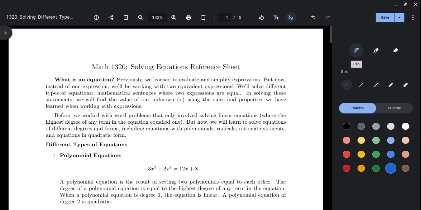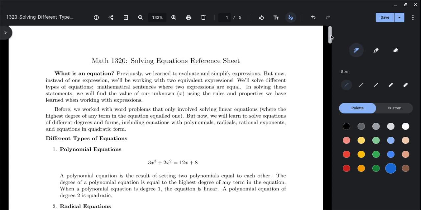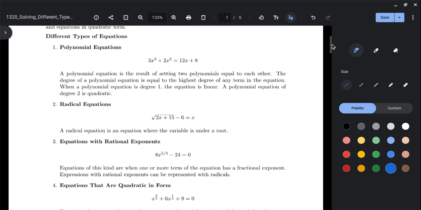So when we are identifying these different equations, we're looking at four in particular. And those are going to be our polynomial equations, equations with radicals, equations with rational exponents, and equations that are quadratic in form. So the first one that we're going to look at is our polynomial equations.